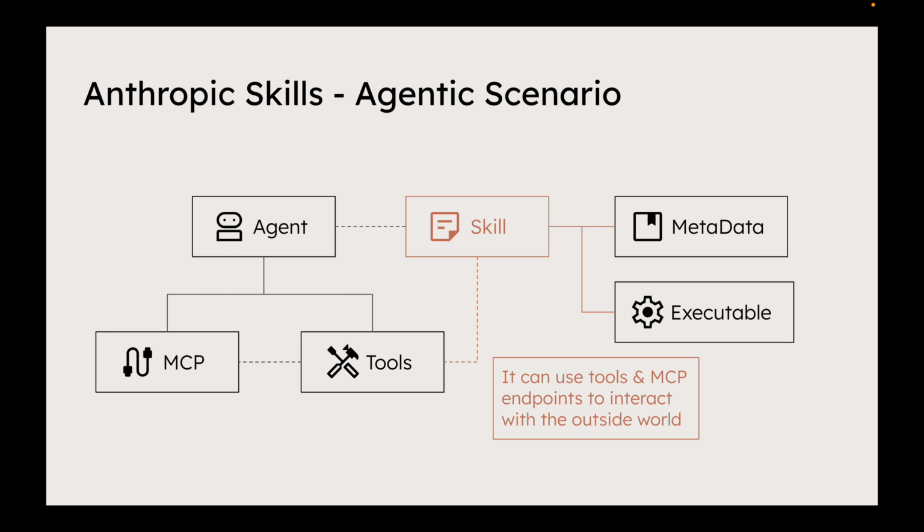So now you can see how skills basically sit in the middle of the whole agentic ecosystem. It has its own executable and it can also leverage agentic tools to get the job done. And also it has access to the outside world through MCP endpoints that the agent possesses. So it's kind of cool, isn't it?